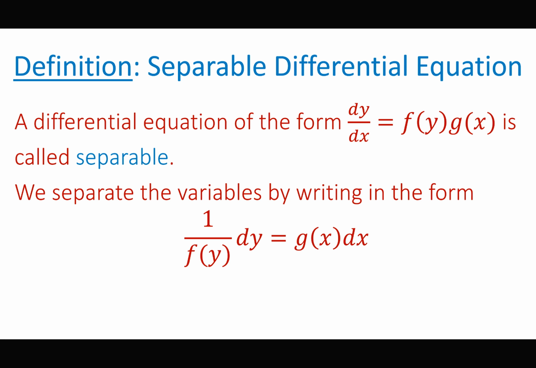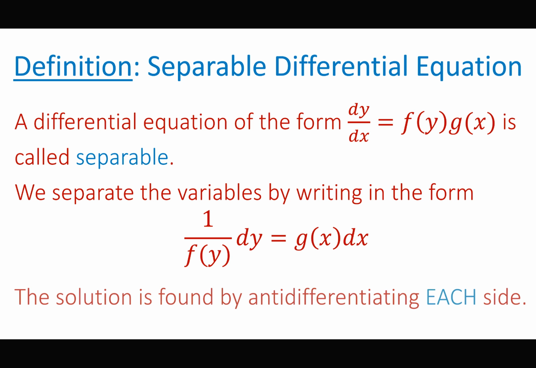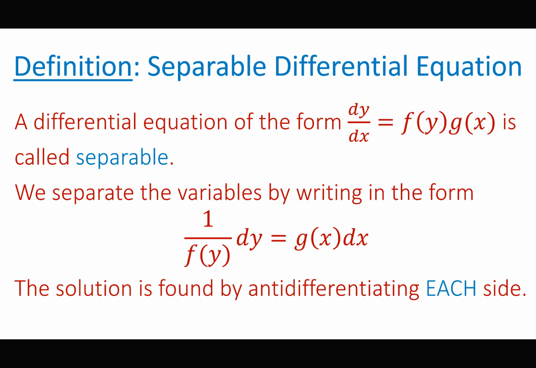So now again, let's think of this big picture. We started out with dy dx. If we want to find the original function, now we have 1 over f of y dy, g of x dx. Now if we anti-differentiate each side, we'll find the initial solution, what our original equation was. Because we're given a differential equation.